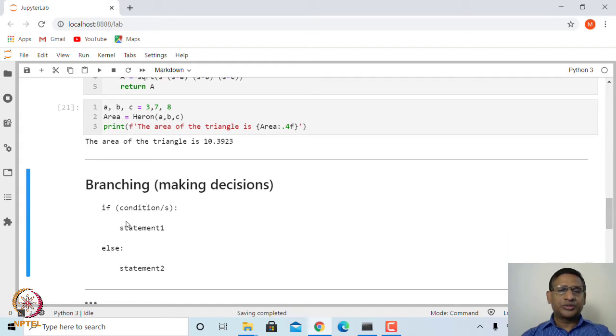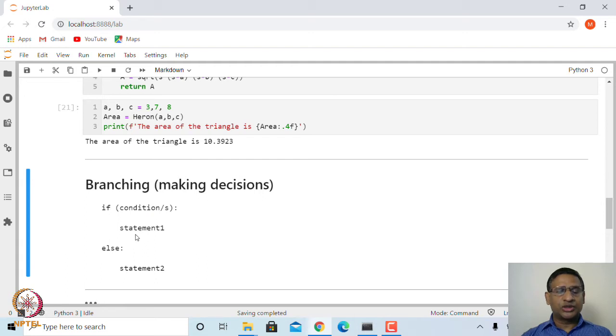So, how do we make if and else condition? The general syntax for if and else is something like this: if, and in the bracket or even without bracket, you write the condition. It could be one condition or it could be several conditions, and these conditions should be logical conditions.